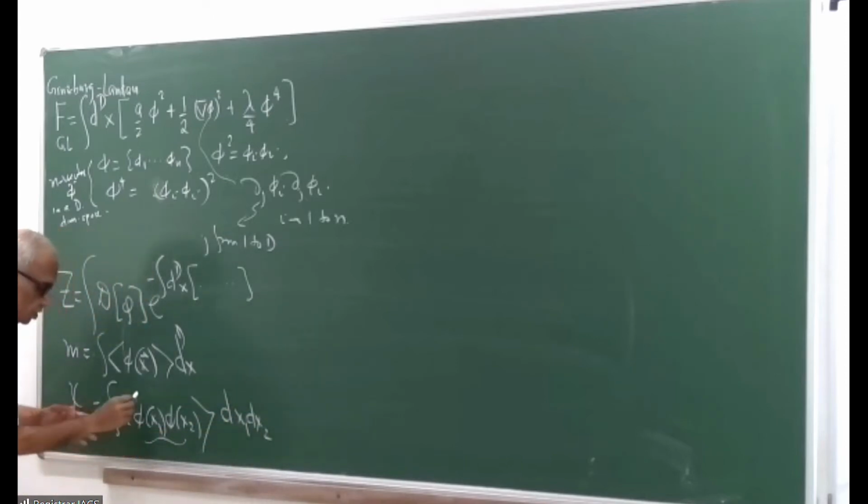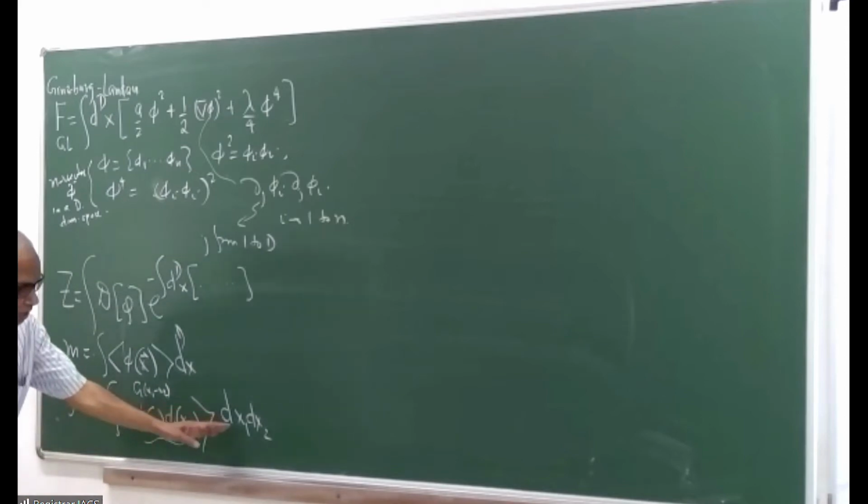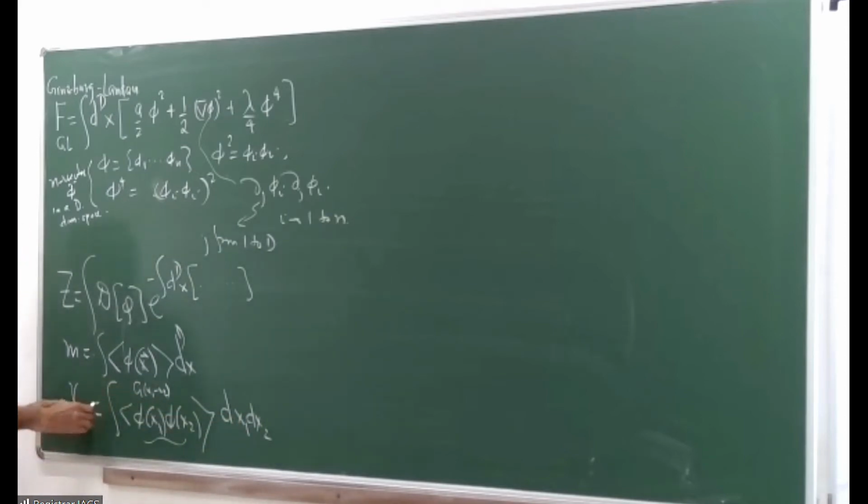Translational invariance means that it depends only on x1 minus x2, so the other integral gives a volume. So the susceptibility is an extensive quantity. M is extensive, the d^dx gives you a volume. Susceptibility, del m del h, is extensive, volume comes from there. So all that is in good order.